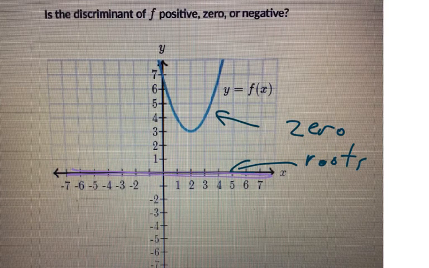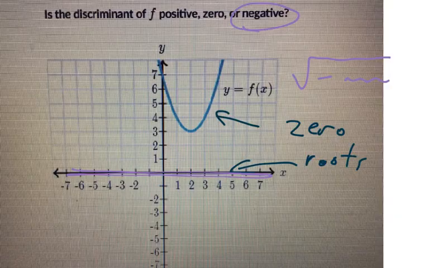So guess what, guys? When there are no real roots, that means it must have been a negative. In other words, if we did the math, we'd have the square root of some negative value. And we can't do square roots of negatives, right? And that's why there's no real answers. But guys, whenever you see a quadratic that does not cross x, you know the discriminant was negative.